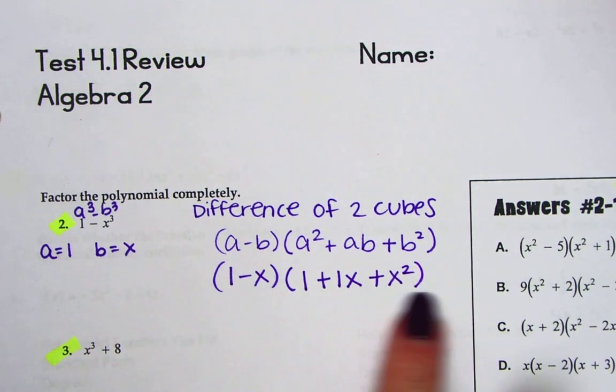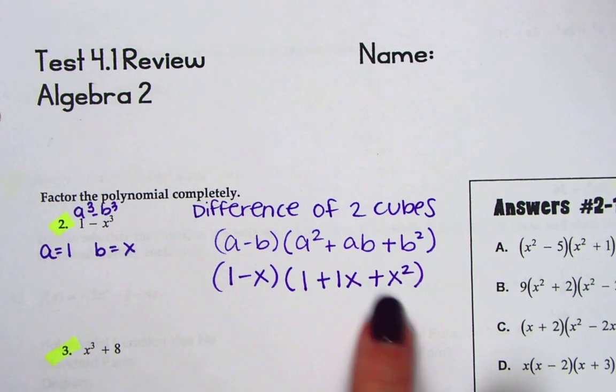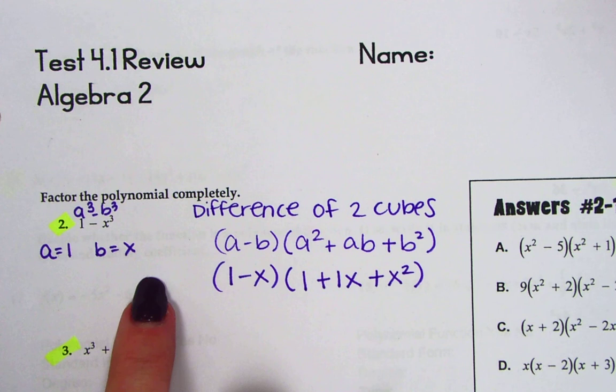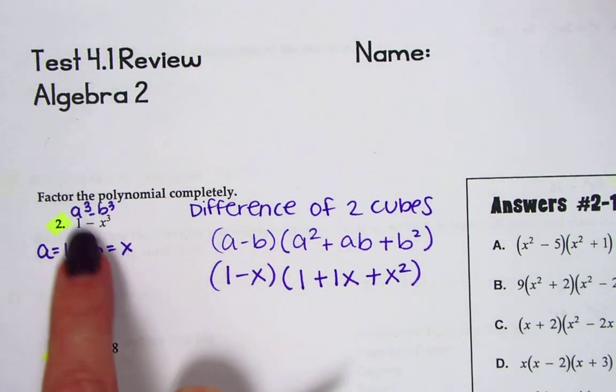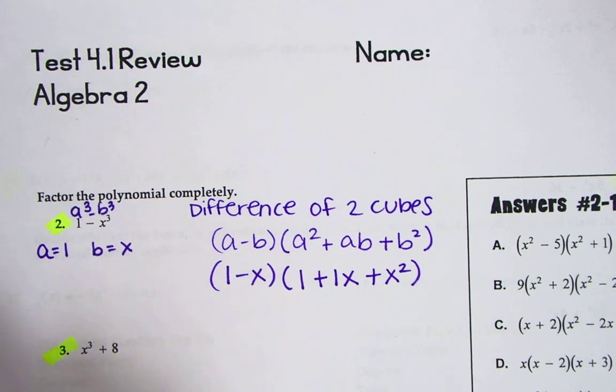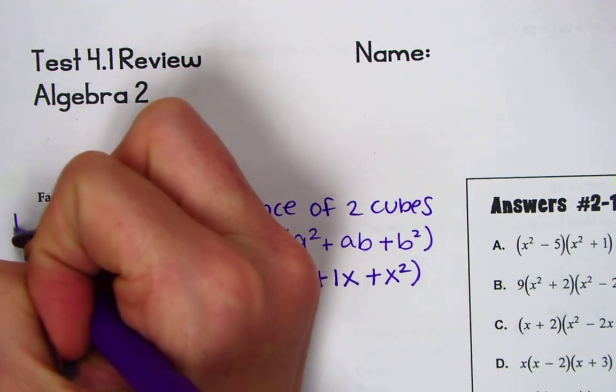Right, I know this is not in standard form, okay? Since they did not give it to us in standard form, I know some of you probably wanted to switch it around, but since it's a difference, it would change the problem if we didn't make the x the minus, so I'm going to leave it in the same order. 1 minus x times 1 plus 1x plus x squared is answer choice I down here, okay? So that was answer choice I.